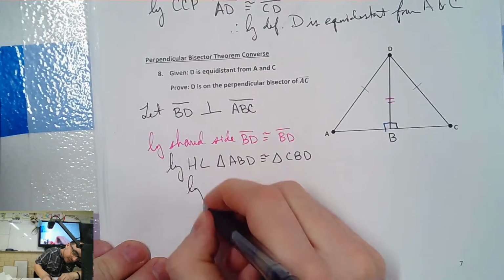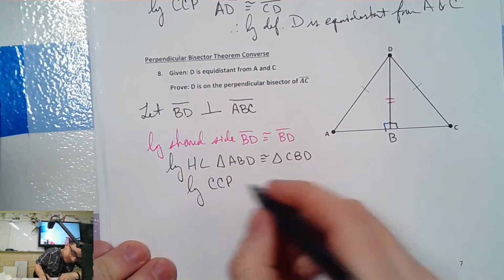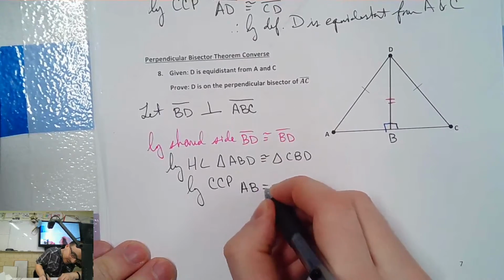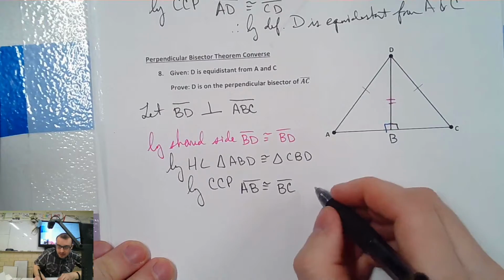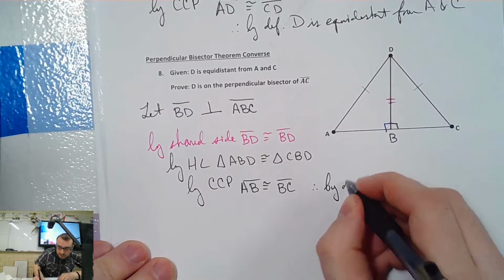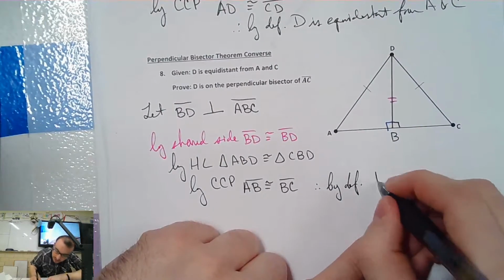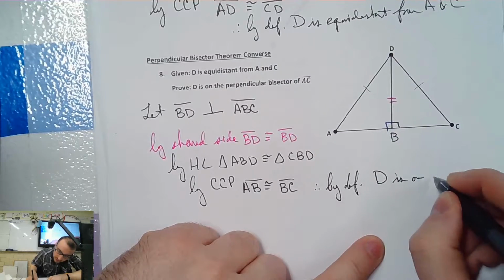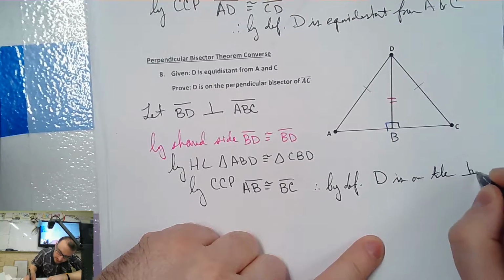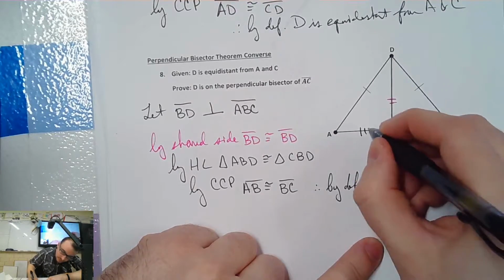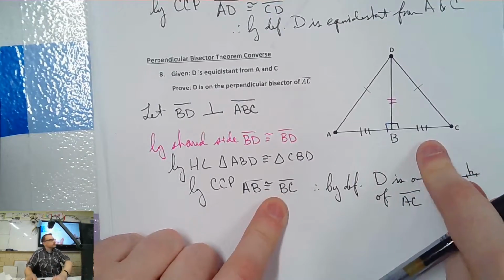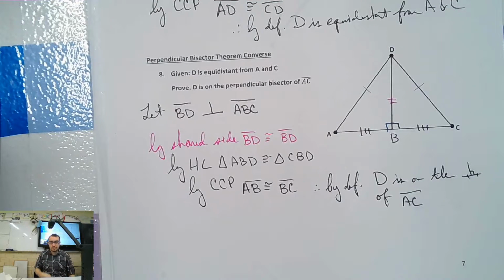So, by CCP, AB is congruent to BC. Therefore, by definition, D is on the perpendicular bisector of AC. You just proved that. Right? That one was easy.